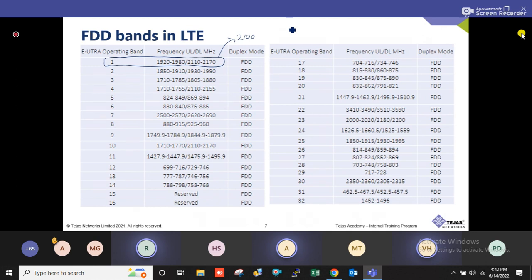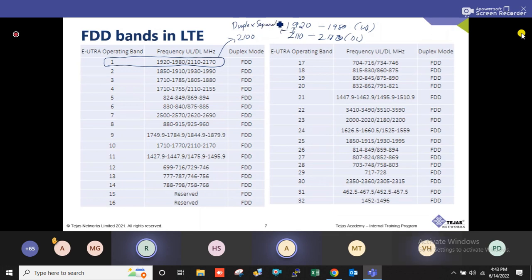Carefully see, I'll note it down here. In the 2100 band, we are using 1920 to 1980 for upload and 2110 to 2170 for download. You can see there is a gap between this upload and download. This particular gap is called the duplex separation.